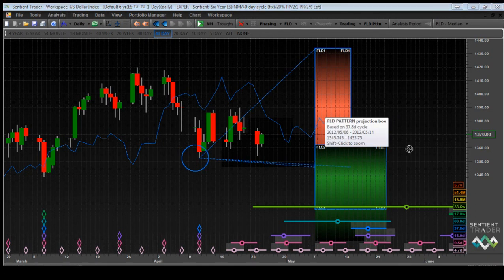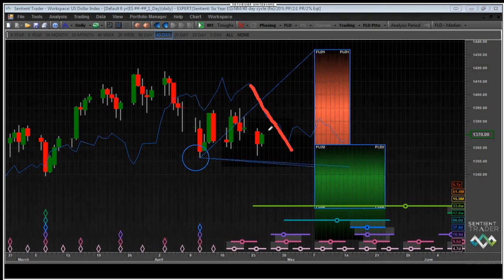Well, the one type of projection that CentiTrader uses is the projection of when price crosses an FLD. So I can tell you, because I wrote most of the code, exactly why that projection box is over there.